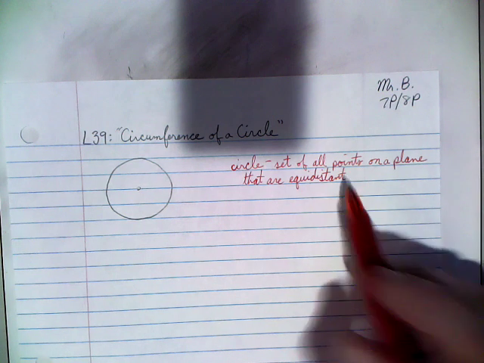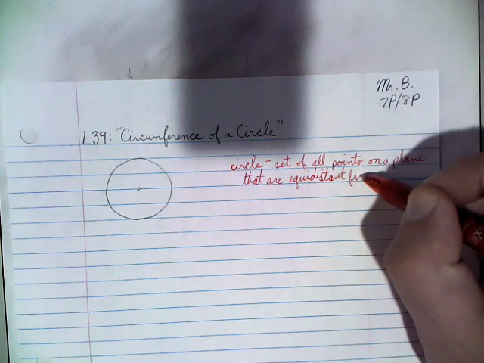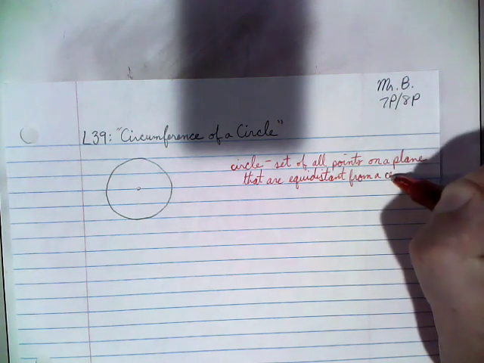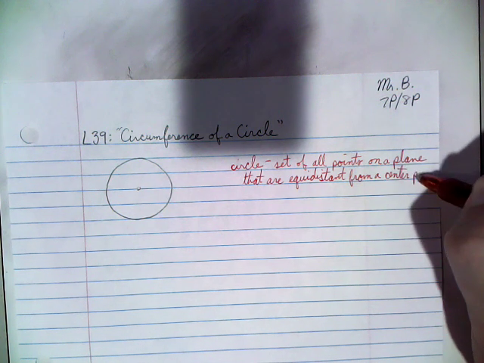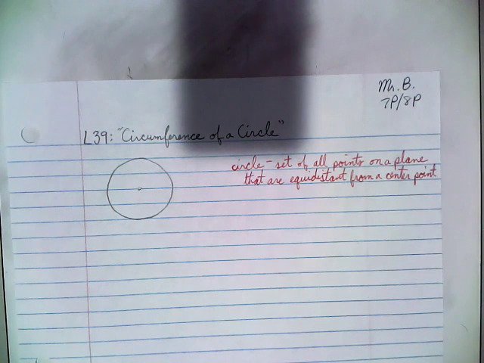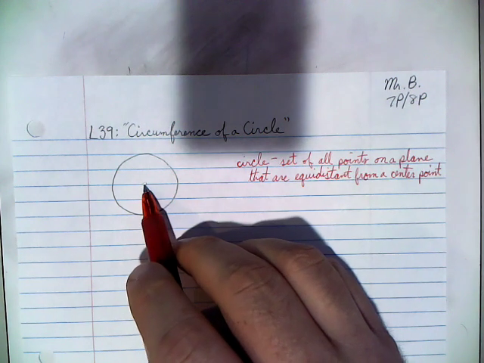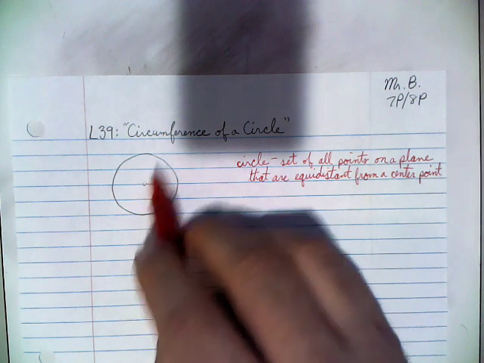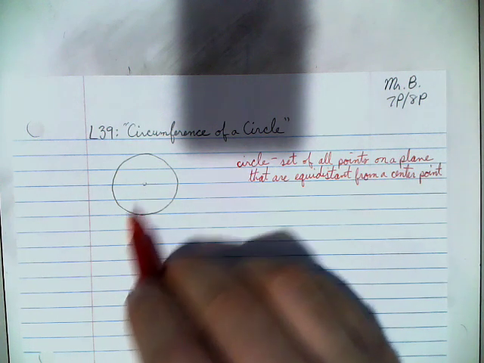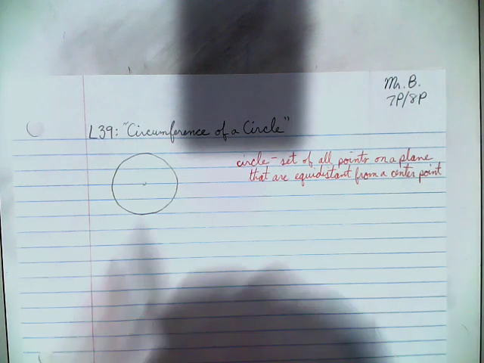Equal distance. Equidistant from a center point. So you've got the center, and if this is a true circle, then every point on the circle is the same distance from that center.